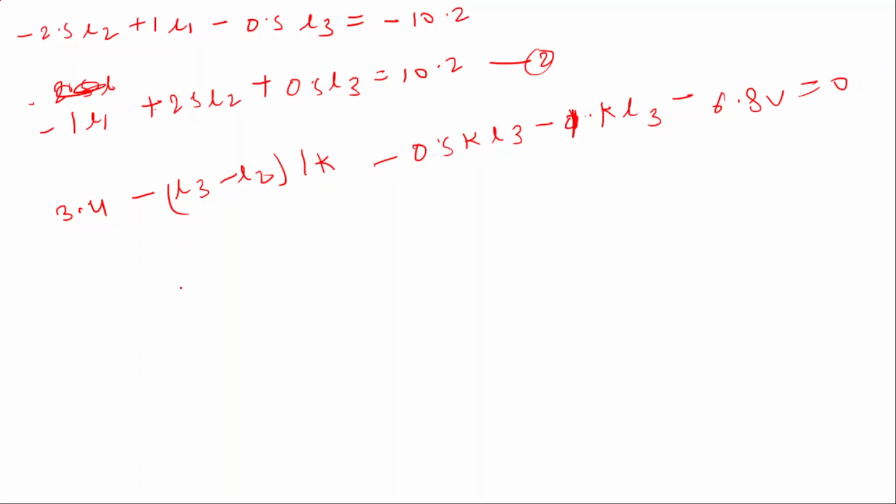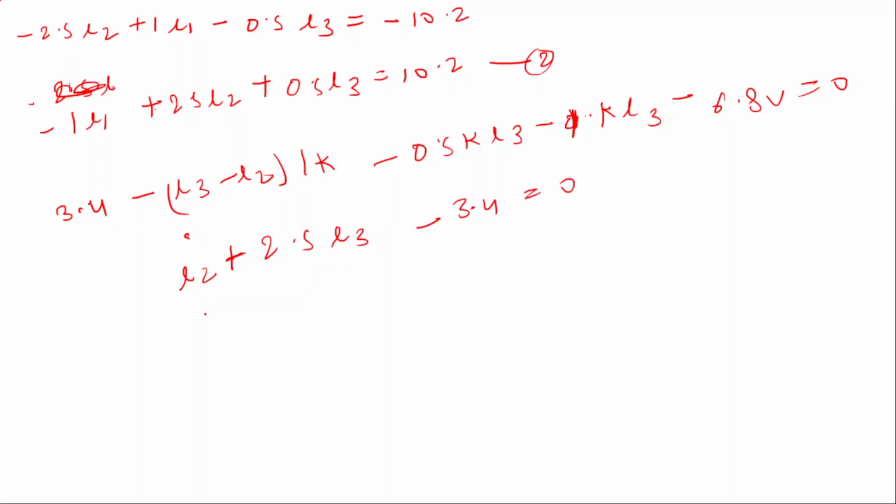So this will become I2 plus, this will become 2.5, so minus 2.5 times I3. Then it will become this minus 6.8 minus 3.4, minus 3.4 equals 0.